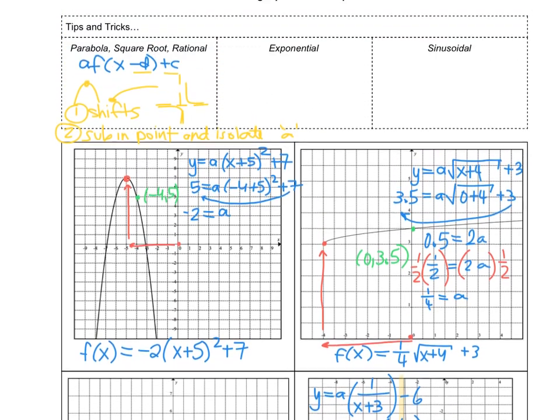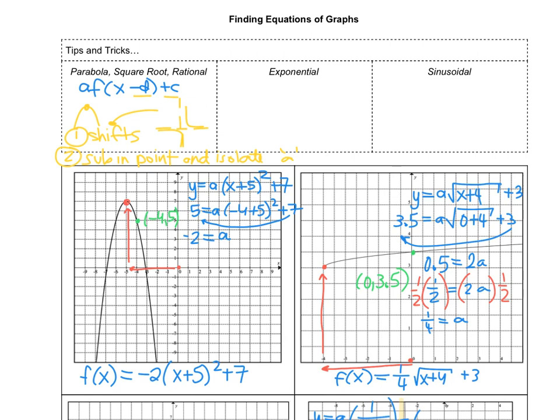Now, let's try something else. So let's look at the sinusoidal because there's one on the left. So for this one, you really just want to look for your properties. And for sinusoidal, we do care about the k value. So I'm just going to write this in terms of sine, but of course it could be cos. So A would be your amplitude. Look for that. C is your midline.